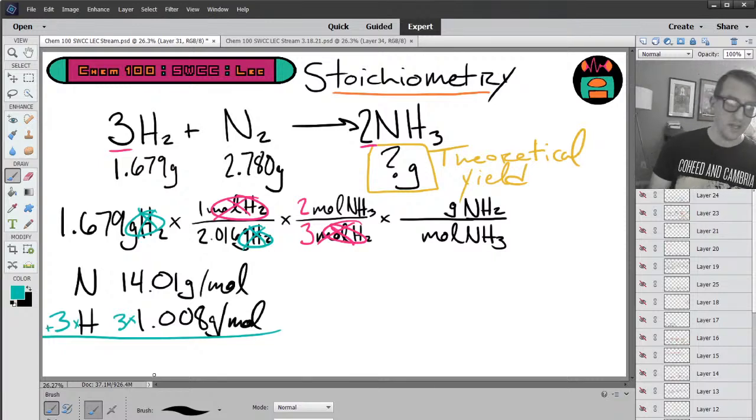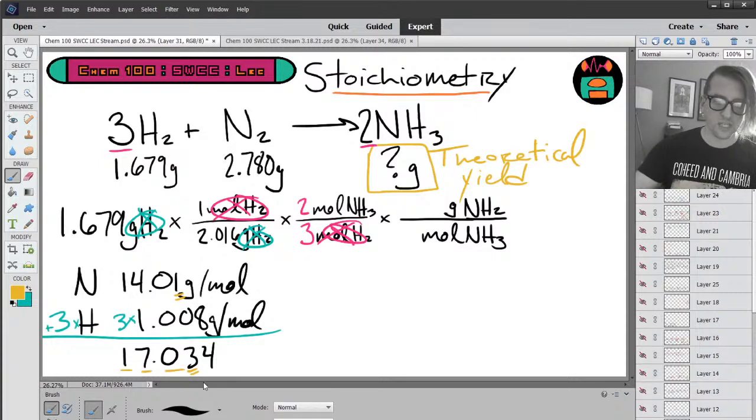I'm so used to doing oxygen. My brain just wants to hit it with a 16. So this comes out to be 17.034. Our last sig fig here has to be in the second decimal place. So this molecular weight has 4 sig figs based on the periodic table I'm using.